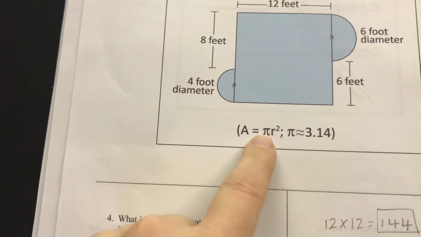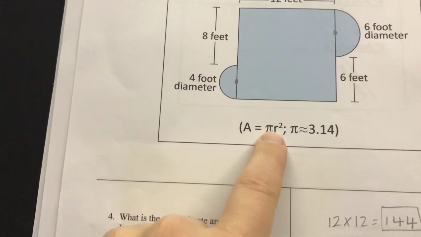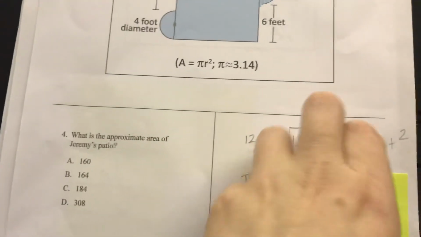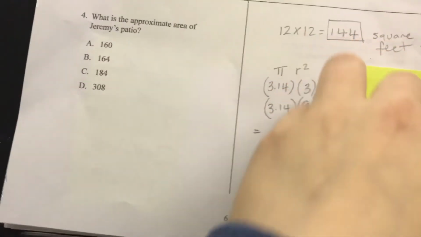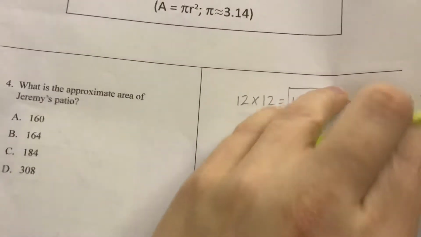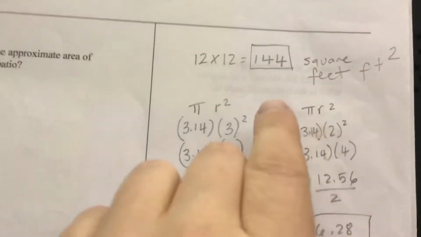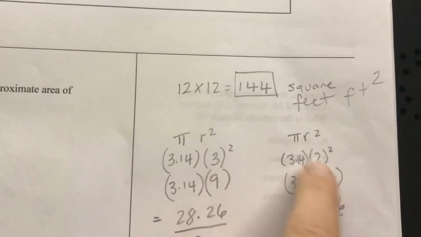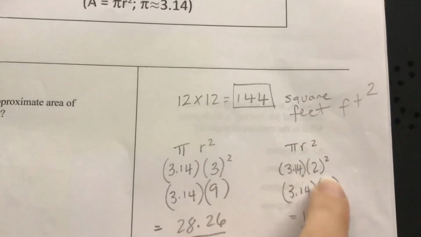So now I'm going to be using the equation pi times 2 squared. Well, 2 squared means 2 times 2, and I know 2 times 2 is going to be 4. So I'm going to have pi r squared. 3.14 is pi. 2 is my radius. 2 times 2 is 4.